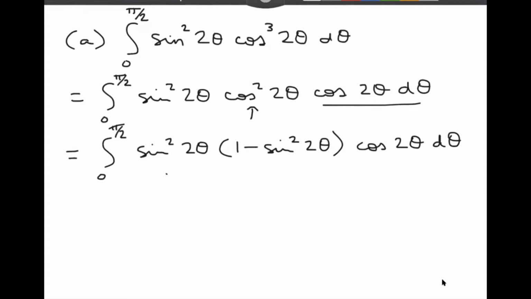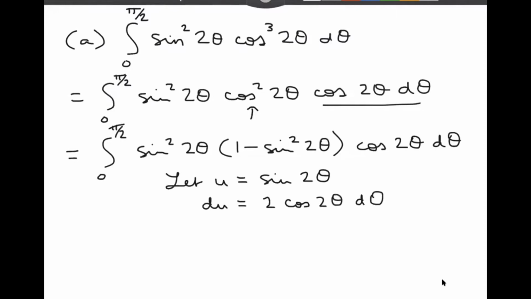So u is going to be sine 2 theta, du then will be cosine 2 theta times 2. All right, which means cosine 2 theta is going to get replaced with 1/2 du. All right. Yeah, I think this will work.